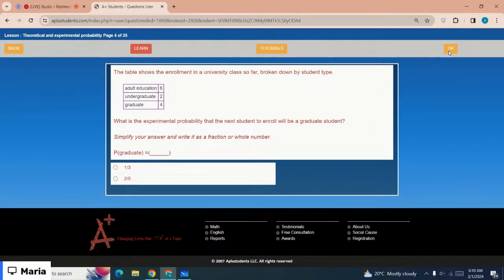Okay, the next one is the table shows the enrollment in a university class so far, broken down by student types. What is the experimental probability that the next student to enroll will be a graduate student? So, which is the correct option?